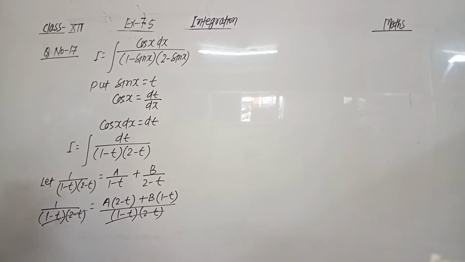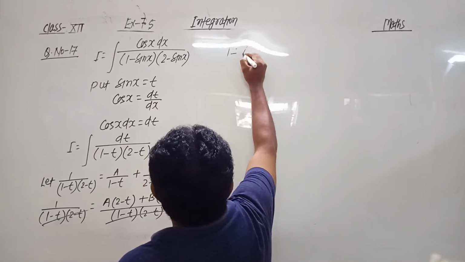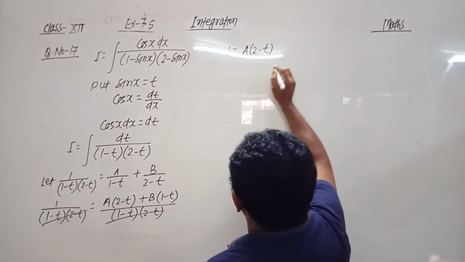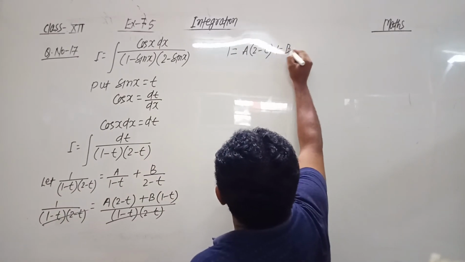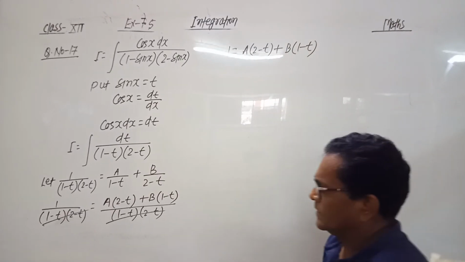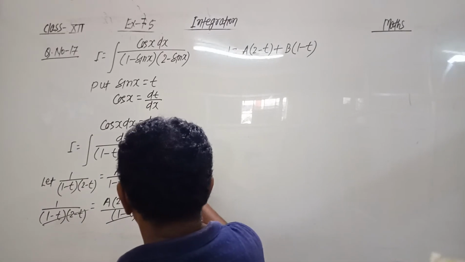The denominator gets cancelled and we get 1 equals a into 2 minus t plus b into 1 minus t. Now name it equation number a.